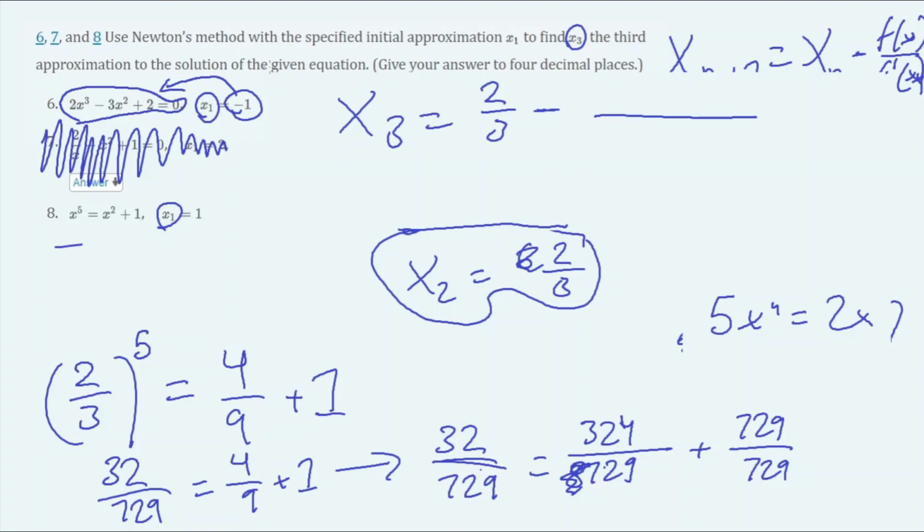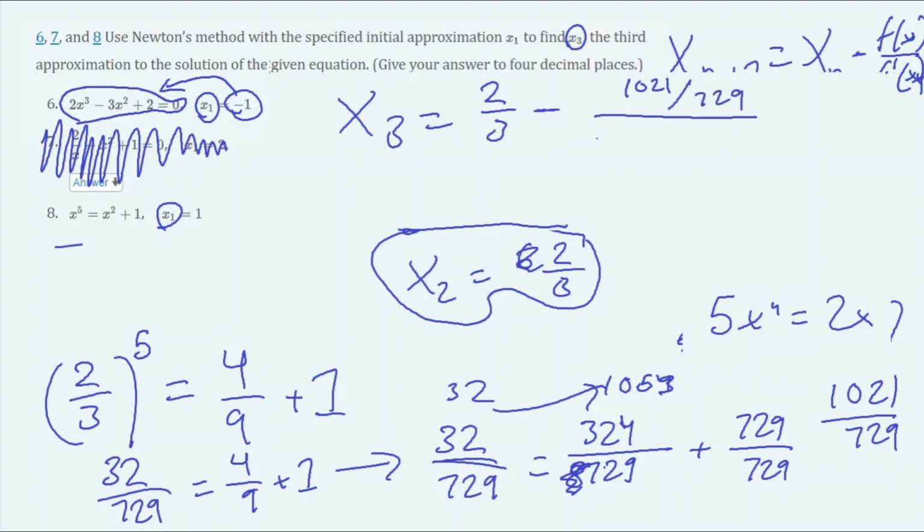So we have 729 plus 324 on the right side, and then we bring 32 from the other side. So we're going to have 1053 and then 32. If we bring it to the other side, we're going to subtract it. So it's going to be 1053 minus 32, which is going to be 1021 over 729. And that is going to be our f of x value. So it's going to be 1021 over 729.